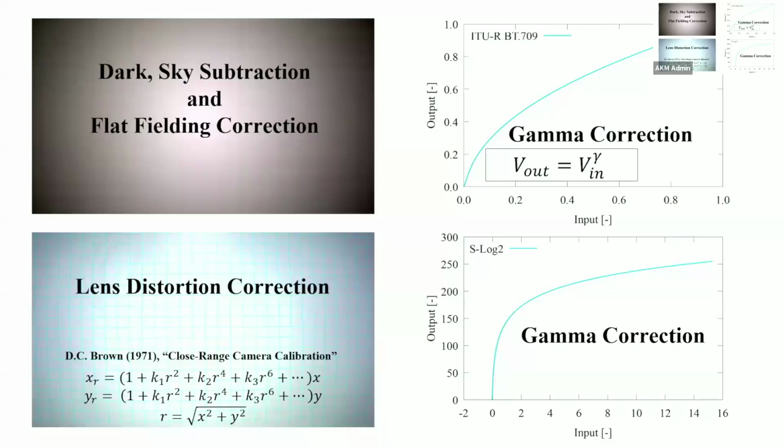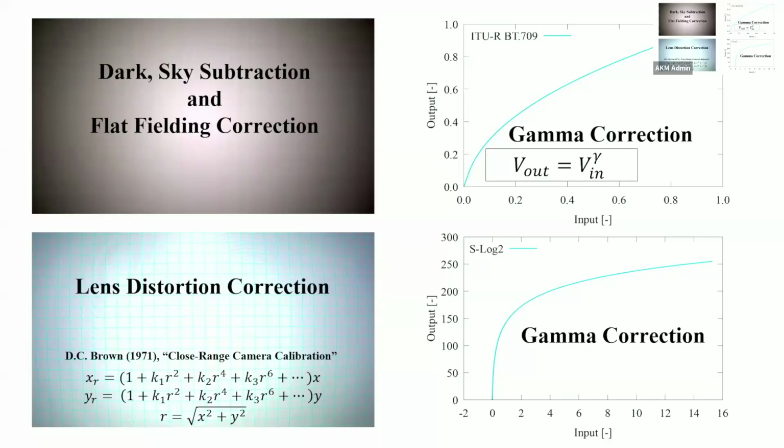Okay, I will explain the analysis first. Of course, we do dark and sky subtraction and flat fielding, and we obtained flat fielding for each camera and lens combination. We also took a chart to calculate the distortion correction equations. In this study, we are using two kinds of gamma correction, so we have to take care of the gamma for our observation. Here the x-axis is the input and the y-axis the output.